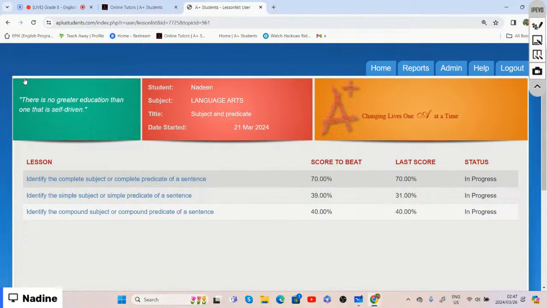And the simple predicate tells us the action that is being done, without any other added words to describe or modify that predicate.